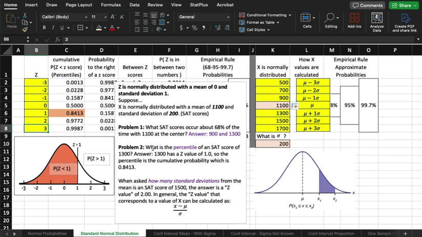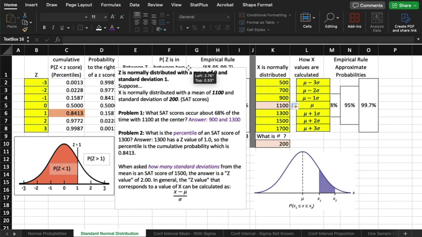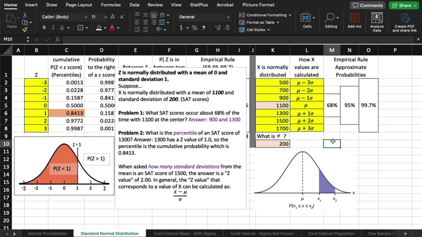Well, let's look at a couple of problems and see if we can answer some questions concerning our SAT scores. So problem 1 states: what SAT score occurs about 68% of the time with 1100 at the center? So let me go over here and move this back over into our column.